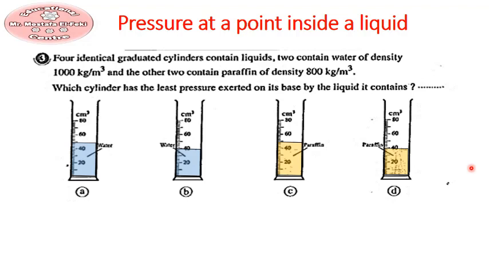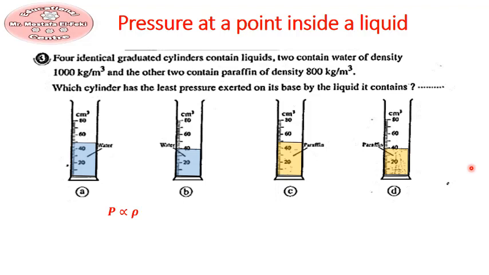Four identical graduated cylinders contain liquid. Two contain water of density 1000 kilogram per cubic meter, and the other two contain paraffin oil of density 800 kilogram per cubic meter. Which cylinder has the least pressure exerted on the base by the liquid it contains?